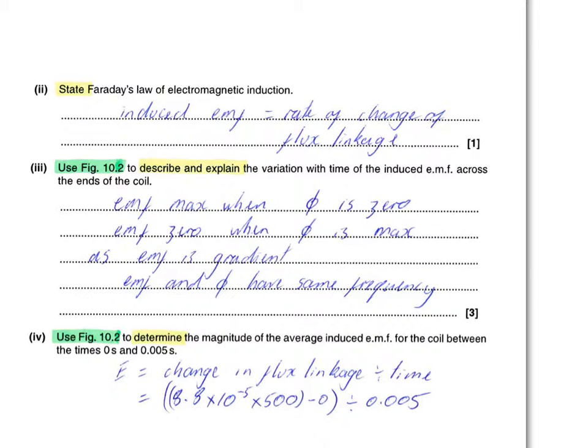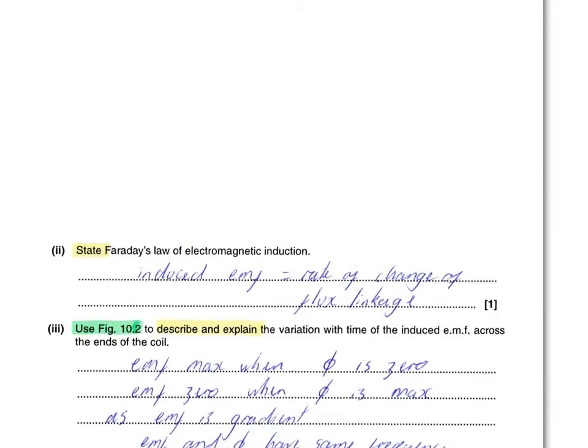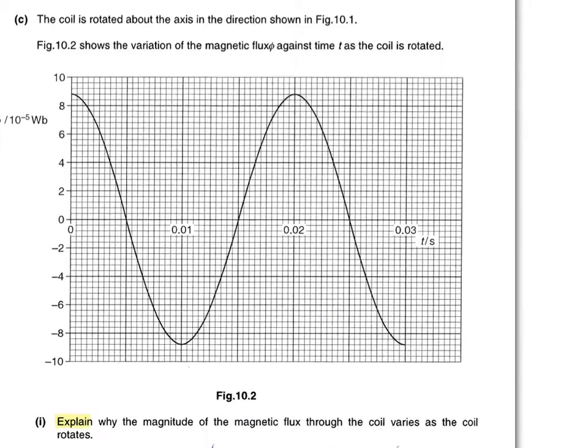It then asks us to use that diagram to determine the magnitude of the average induced EMF for the coil. So if we're being asked about the average, it's going to be the change in flux linkage in that time period divided by the time, and the time that we're being asked about is the time until here, so it starts off at that value and goes to 0, so we've got to look at that.